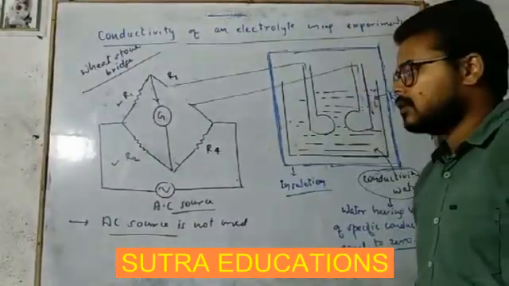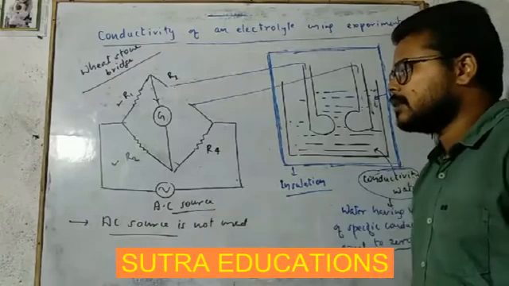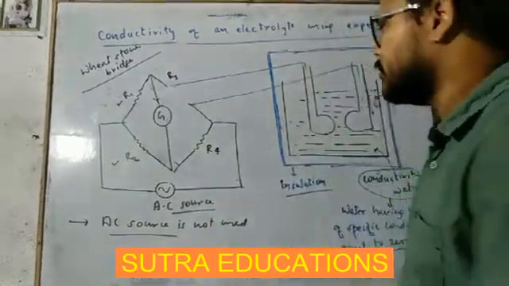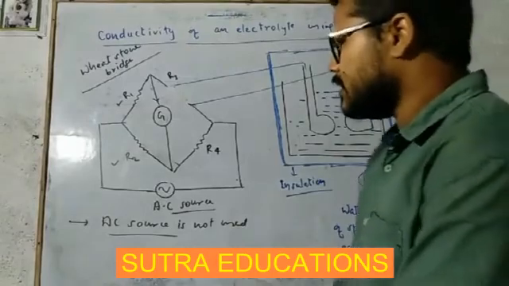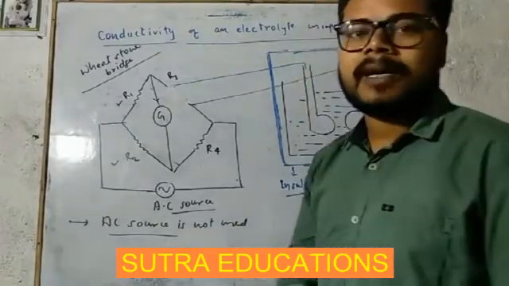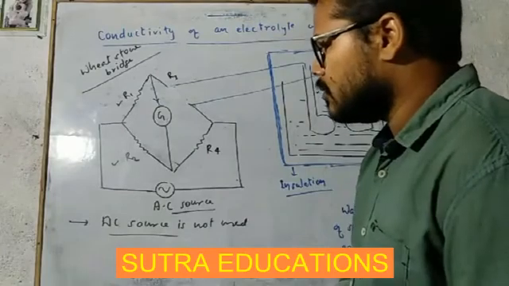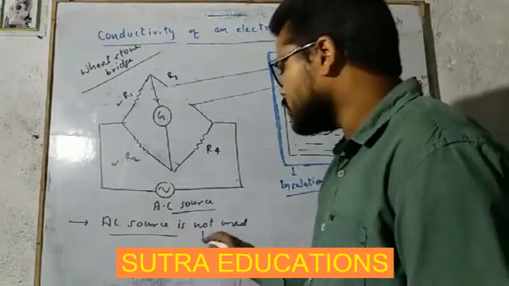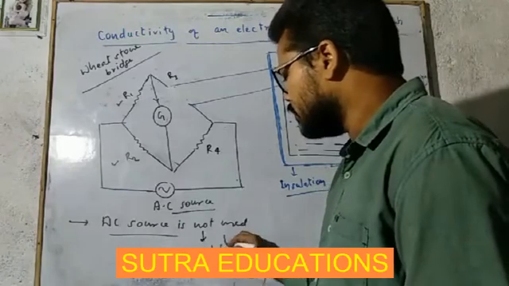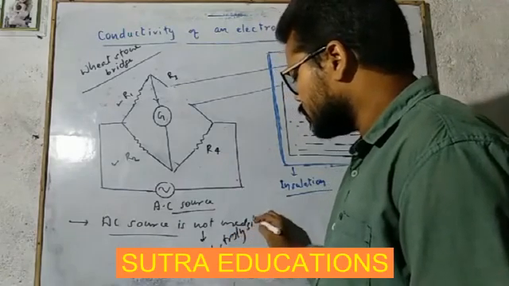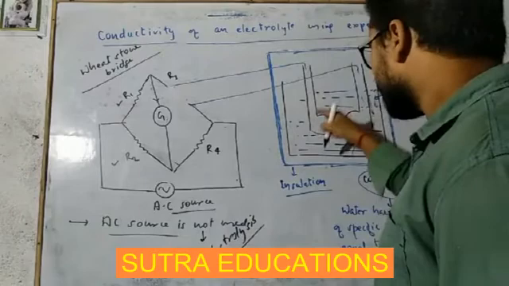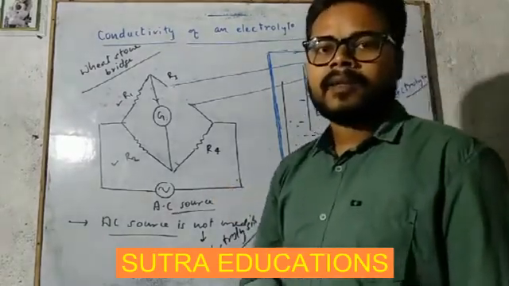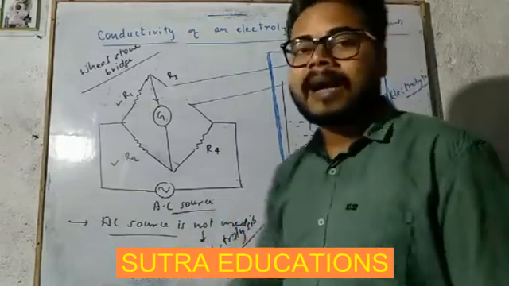You know, AC source means what? AC means there is change in polarization. So due to this change in polarization, deposition of ions will not take place. Suppose we are using a DC source here, then what will happen? Then electrolysis will take place, means on the electrode deposition of charge and ions will take place.